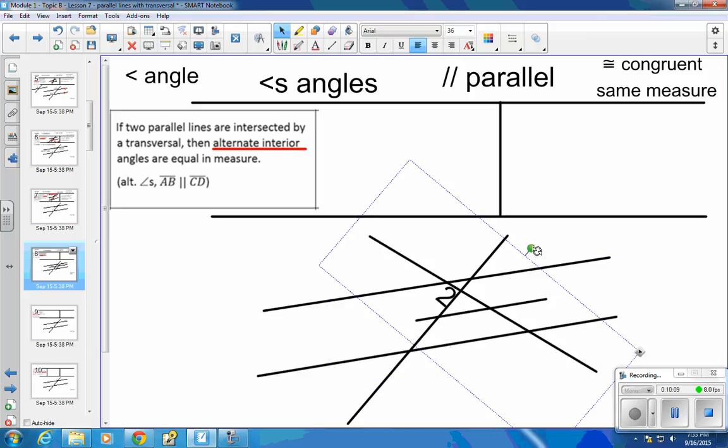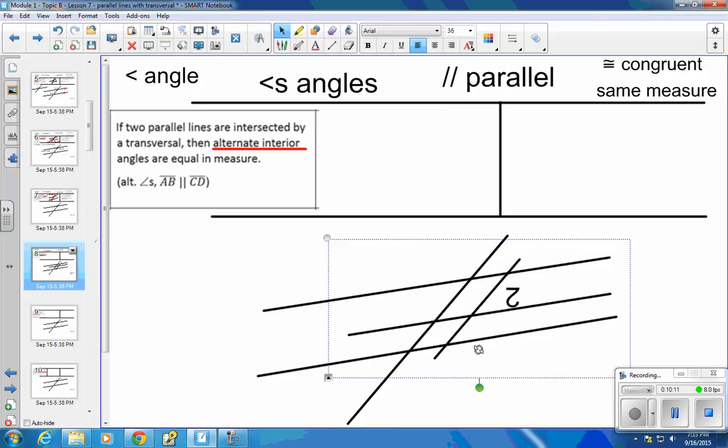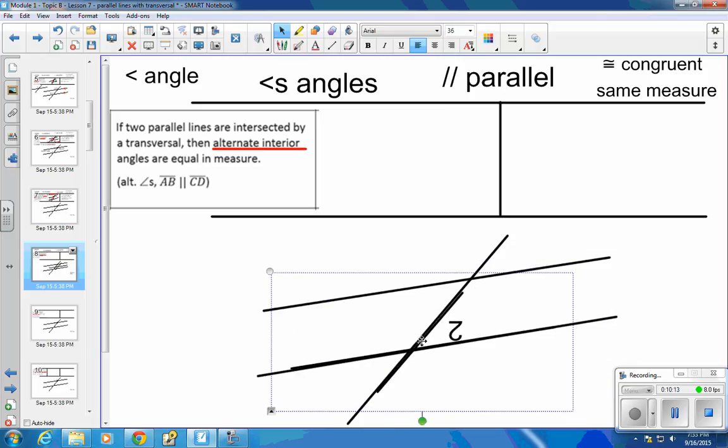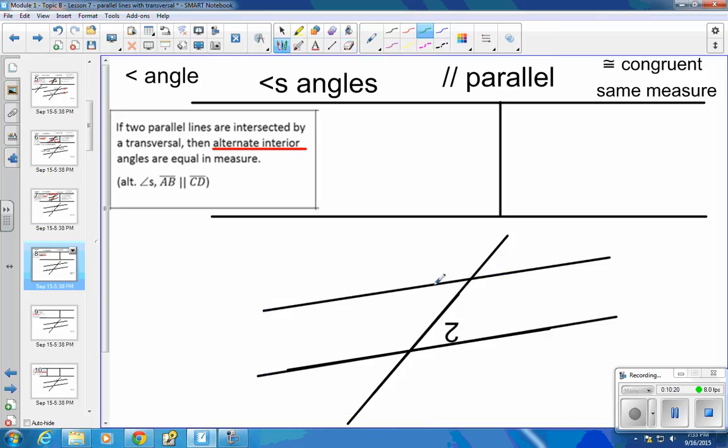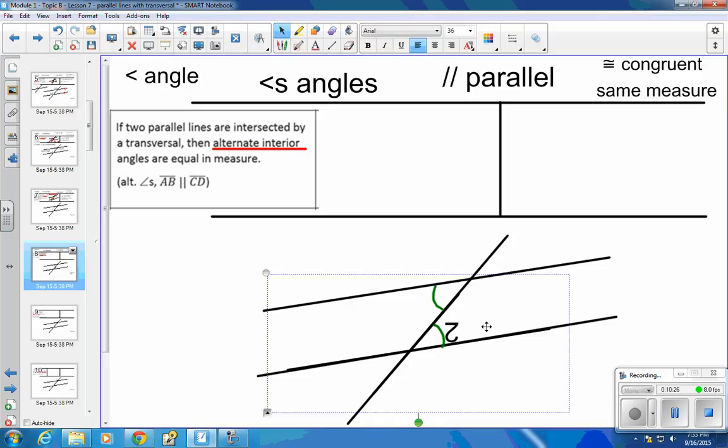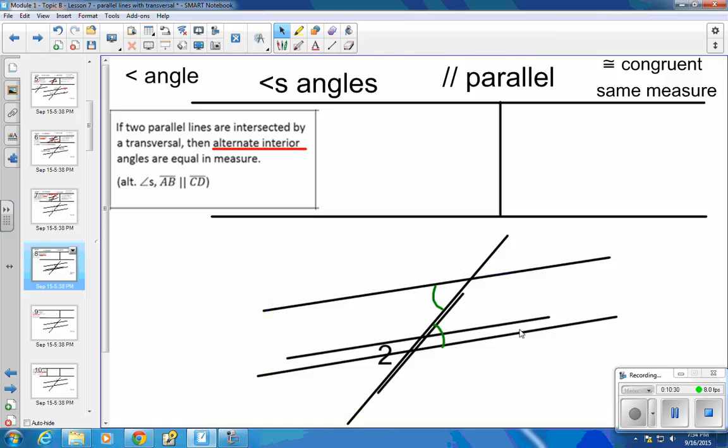So if I flip this around, you're going to notice that it matches up perfectly down here. So the angle where this came from, this angle up top here, and this angle down here have to be the same measure. So that's angle 2. I'll put angle 2 back where it came from.